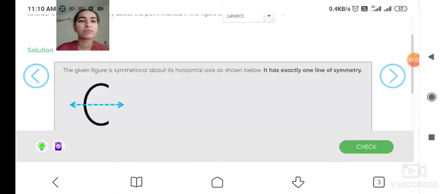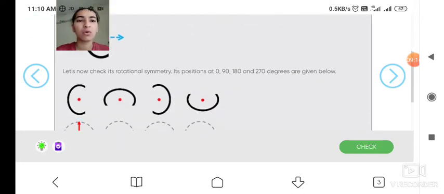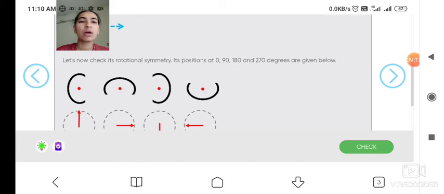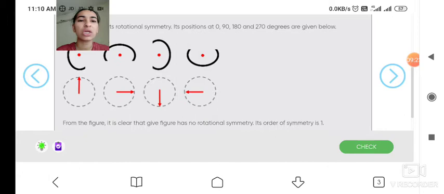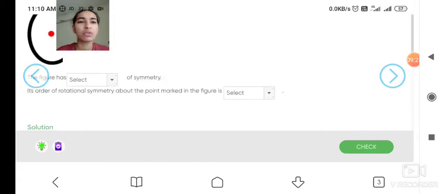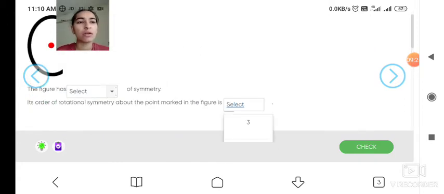Now see, the figure looks like C. Yes, it is a figure of C. It has a line of symmetry along the horizontal line. In only 1 complete rotation, that means after 360 degrees, it looks exactly the same, so its order of symmetry will be 1.